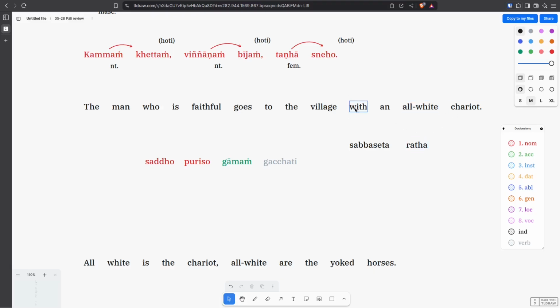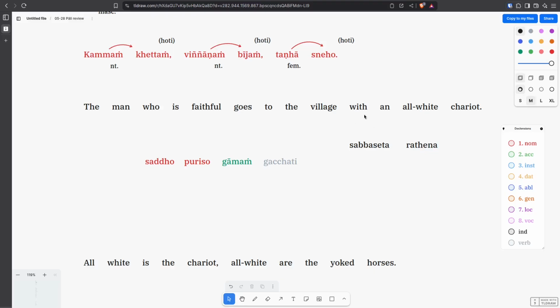Now we need this idea that this is his instrument of movement. A bit of a clue: he's going with the chariot. How do we put this in the instrumental? Ending -ena, yes, Ratena, that's right.